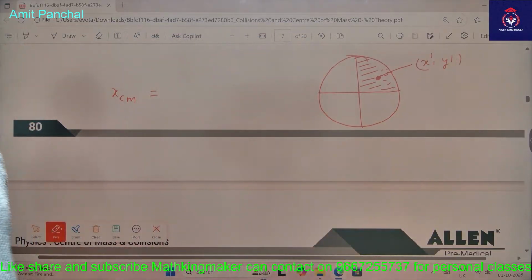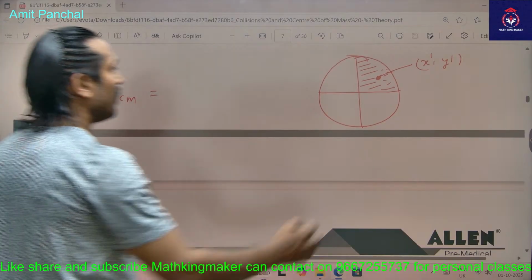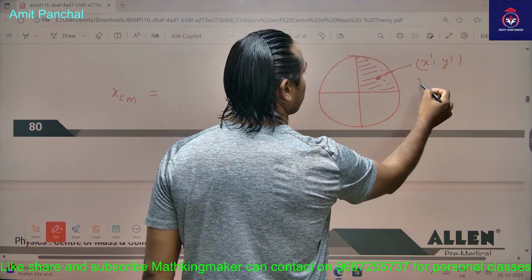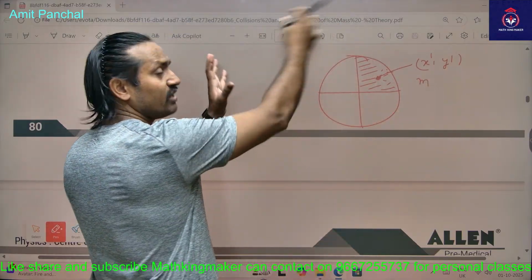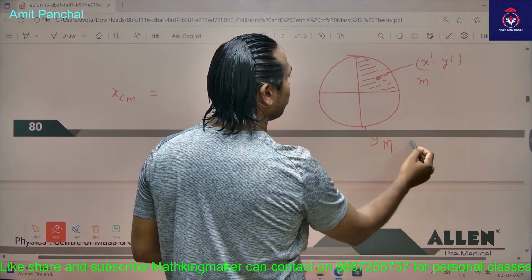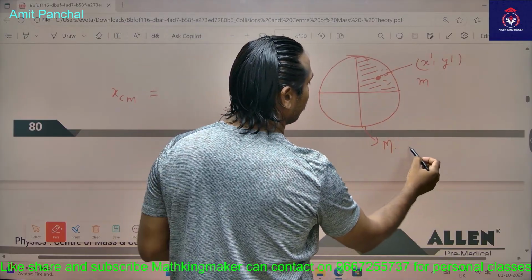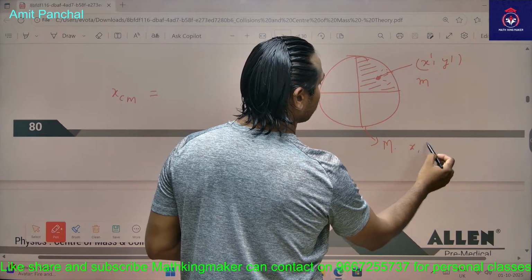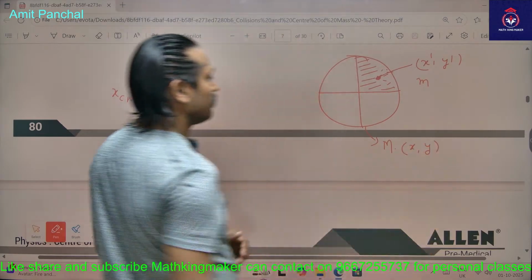Okay? Let us say the mass of this removed portion is m, and the mass of the entire circle was M, and its center of mass was x and y. Got my point?